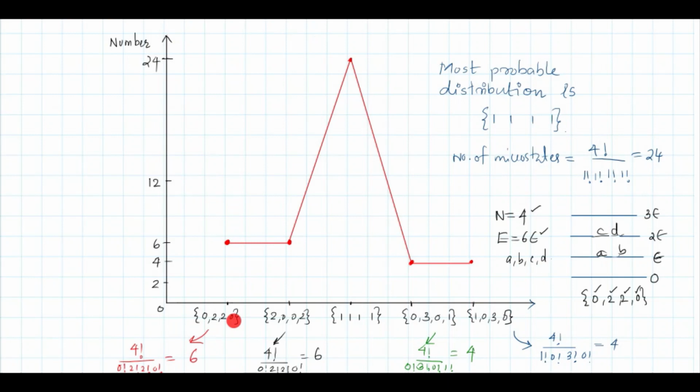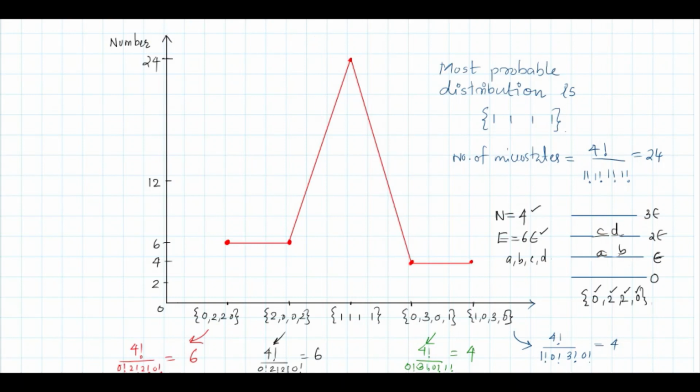How many microstates are associated with this particular distribution? You can place A and C in the lower level, B and D in the top. That will again give you the same distribution 0, 2, 2, 0 with the same total energy 6 epsilon. But that is a distinct microstate, because these particles are distinguishable.